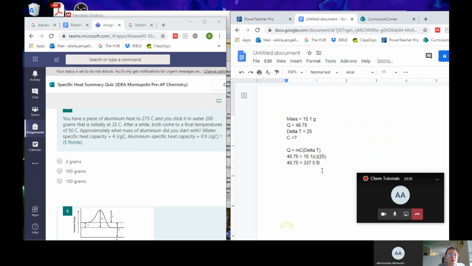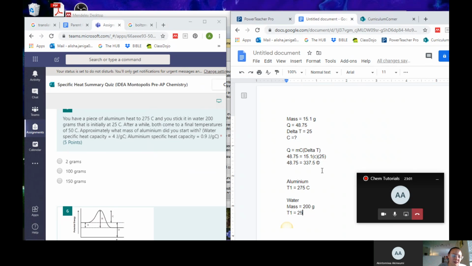So they tell us that we have aluminum. Aluminum is temperature 1, 275. We have water. We know that the mass is 200 grams. Its T1 is 25.